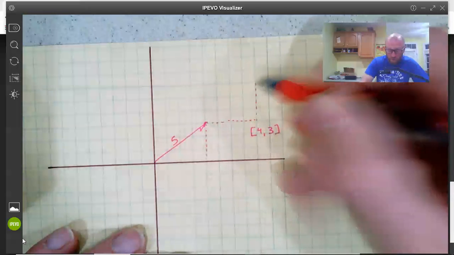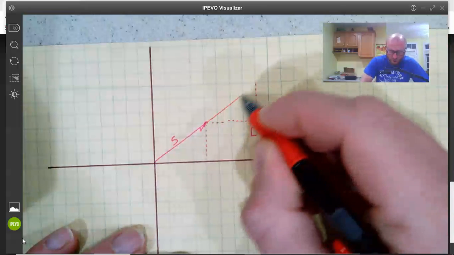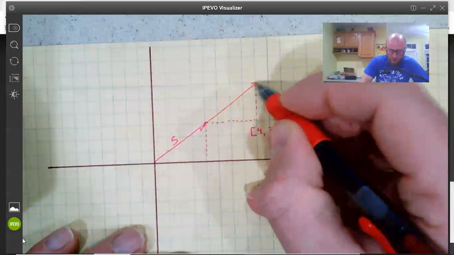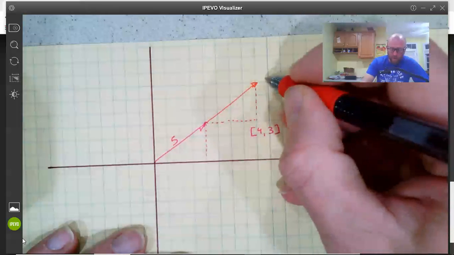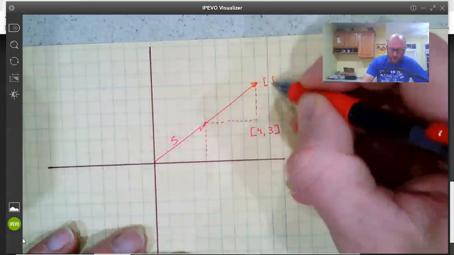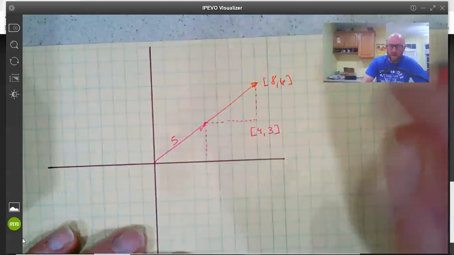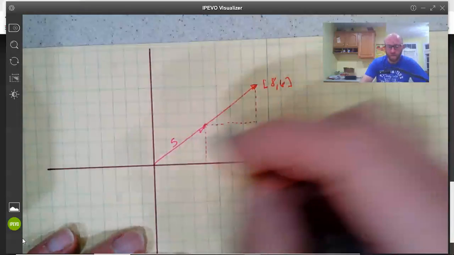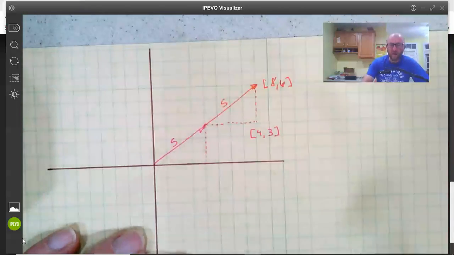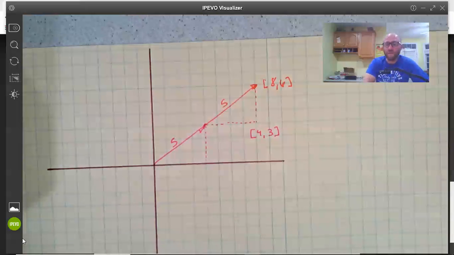Over 4, up another 3, so that overall I would be at, let's see, that's 8, 6. So the vector 8, 6 will be 5 and another 5 units for a total of 10 units. It's twice as long, but it's in the same direction.